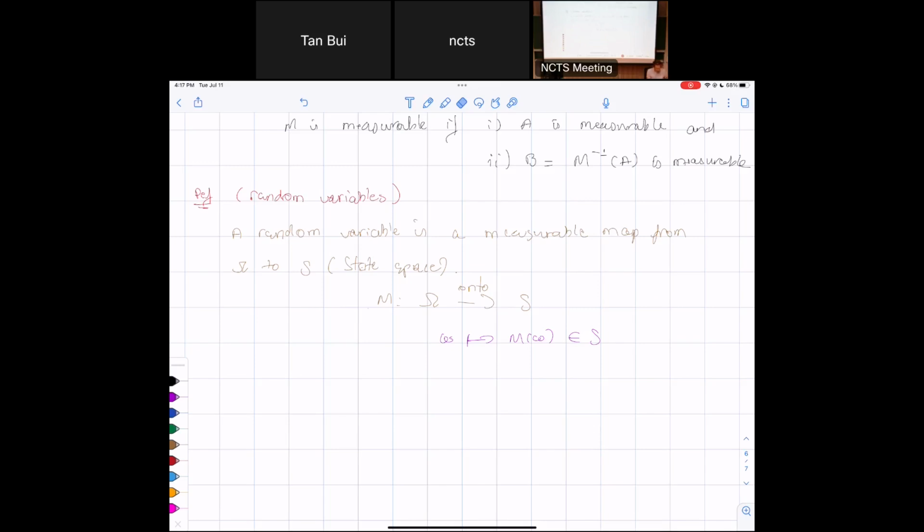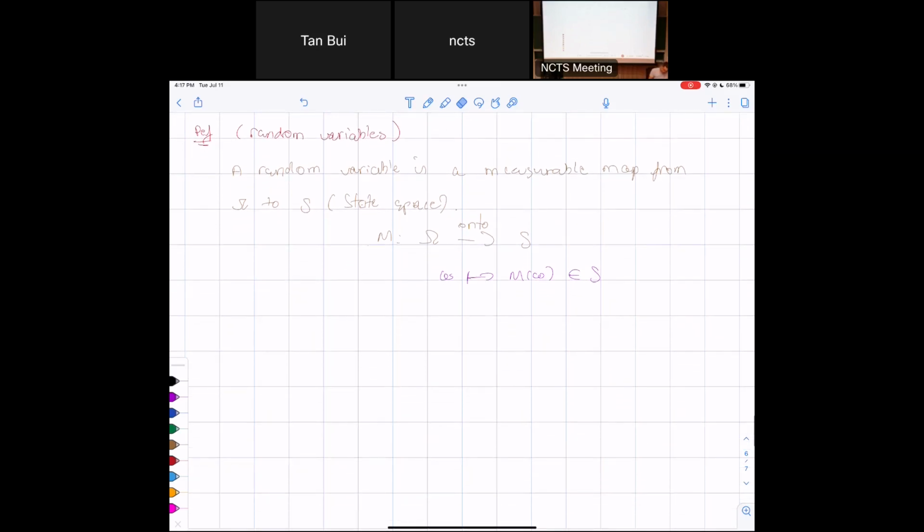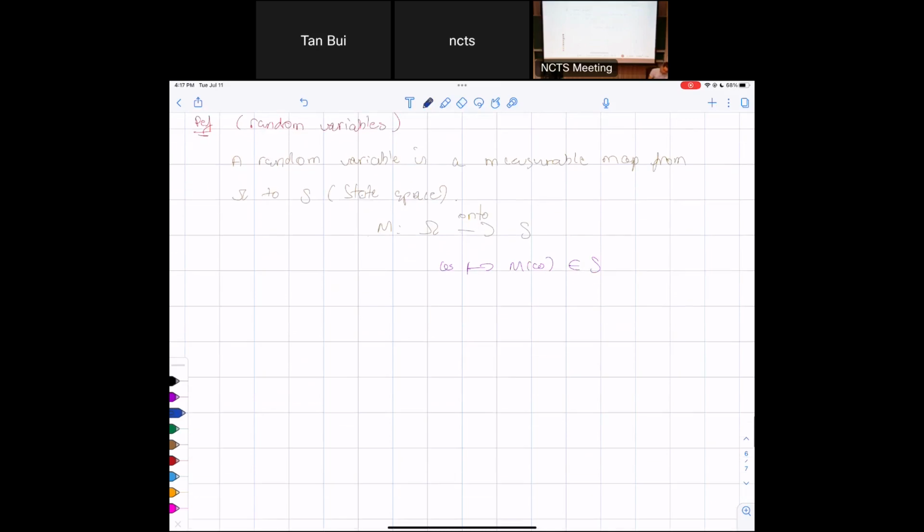So the next important thing that we want to do is a push forward, a push forward measure. That's actually the important thing.